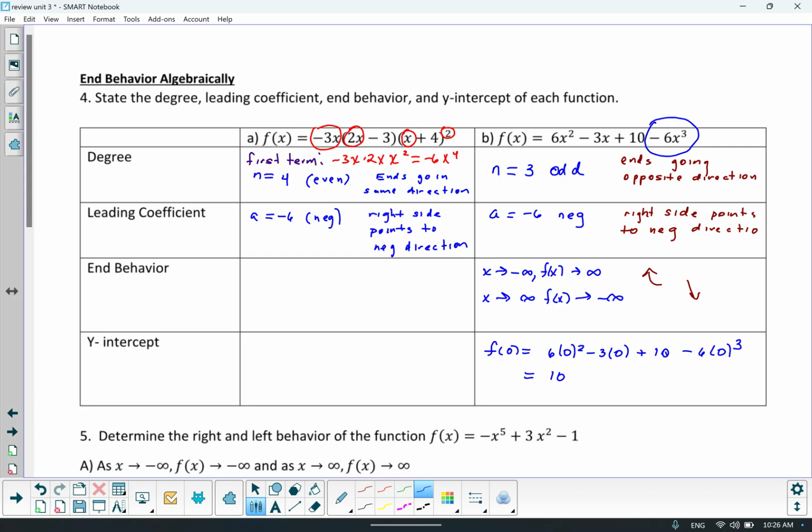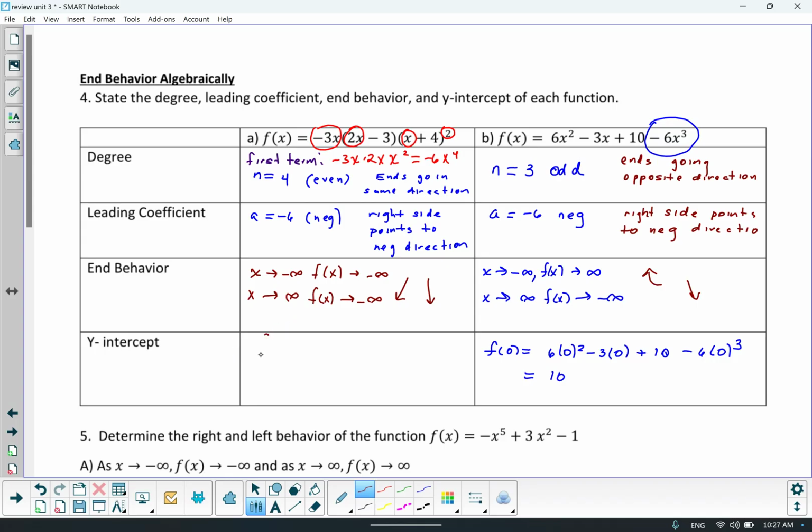So what is the end behavior? The picture is going to look like this. They're both going to point down, okay? And so we would write it as x goes to the left, your function is pointing down to negative infinity. And as x goes to the right, your function is going to also point down to negative infinity.